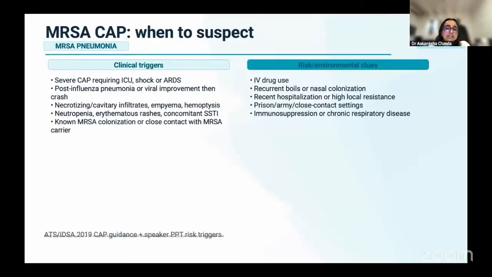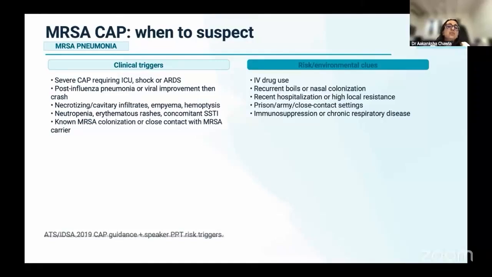So there is an entity called MRSA CAP. What is it? What would you suspect? What would be the clinical triggers? A patient who comes with community-acquired pneumonia, is very sick, requires ICU admission, develops shock, or has ARDS.